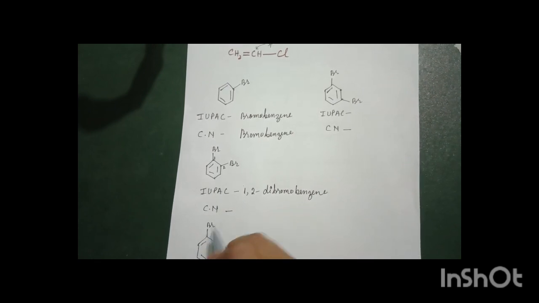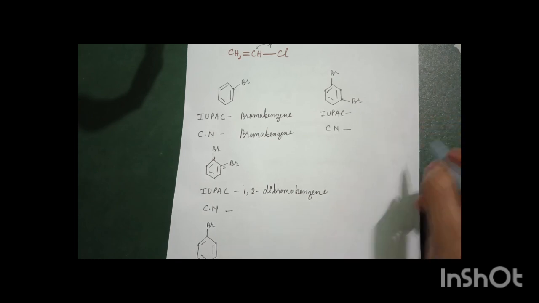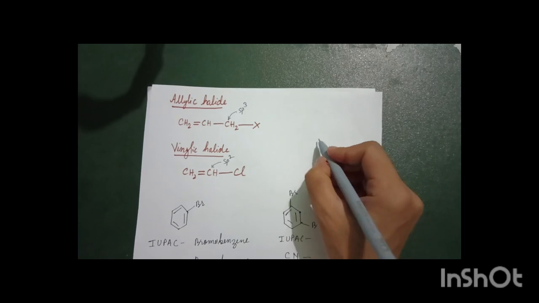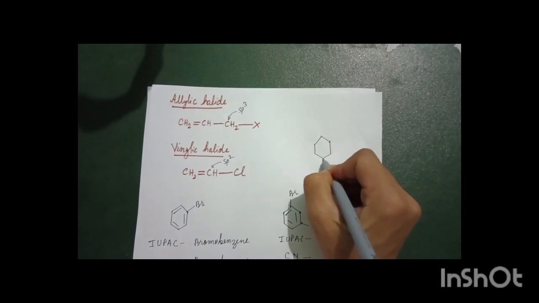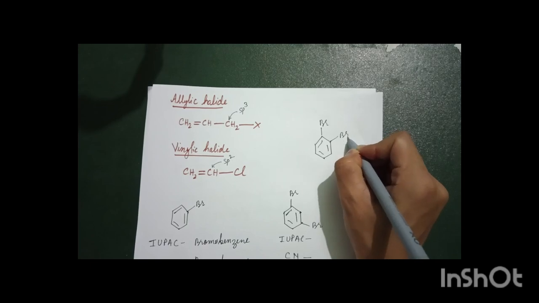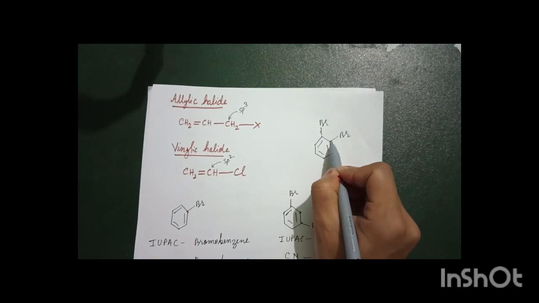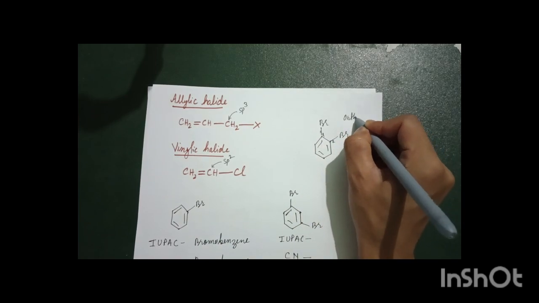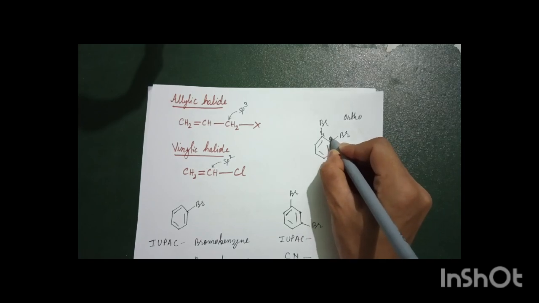We are going to use ortho. I'll write here: this Br and this also Br. This with respect to this is in the second position, so it is in the 1, 2 position. We will call this position ortho.